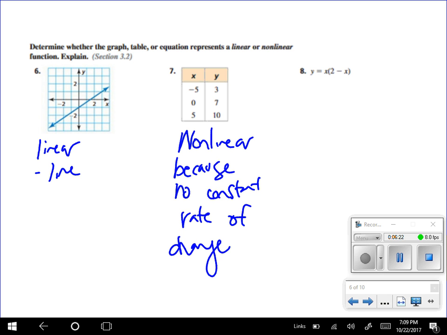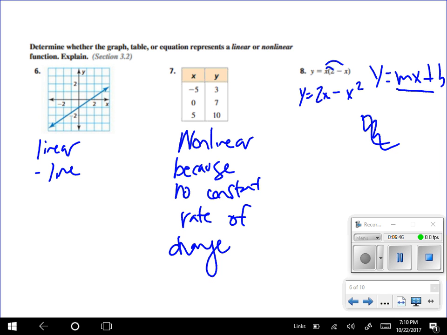Okay. And then 8, remember our equations need to be in the form y equals mx plus b. So if we look at this one, if we distribute our x, we're going to end up with y equals 2x minus x squared, because x times x is x squared.